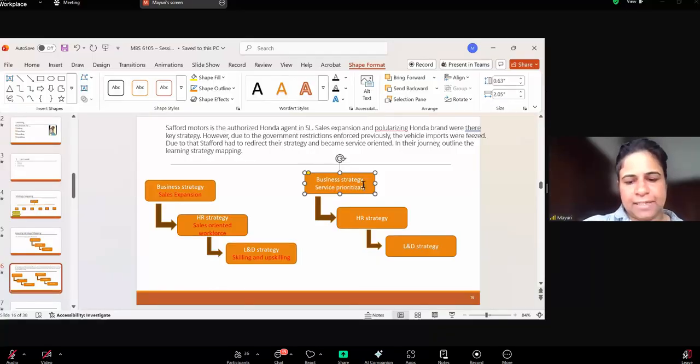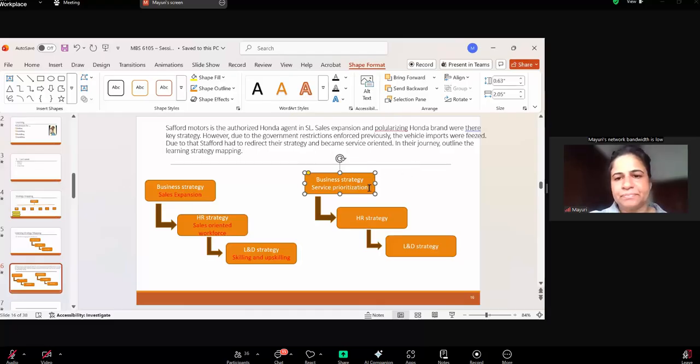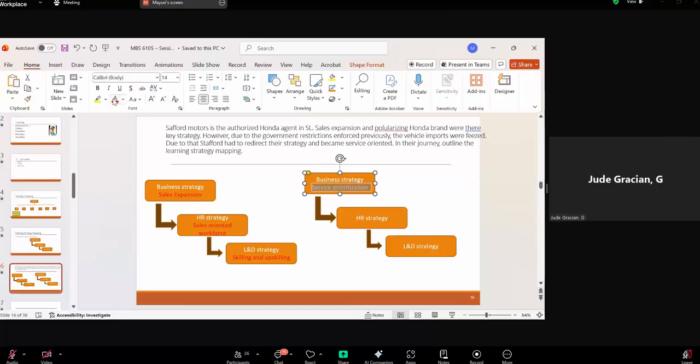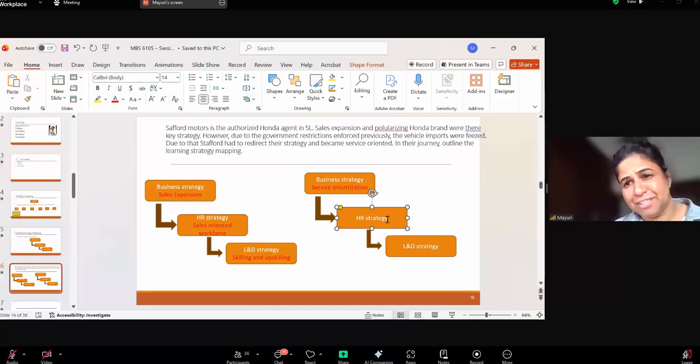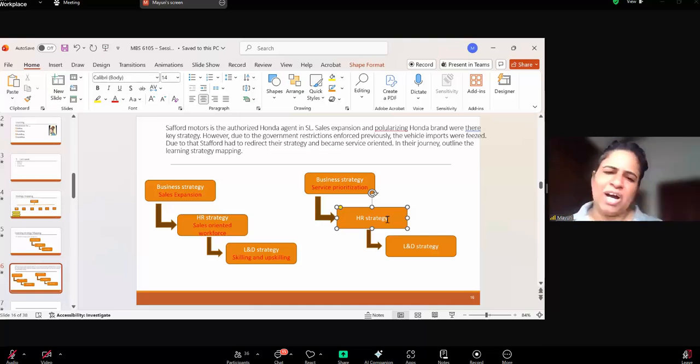Prioritization. HR strategy? HR? Customer relationship. Everyone customer relationship, is it? What talent is required here?